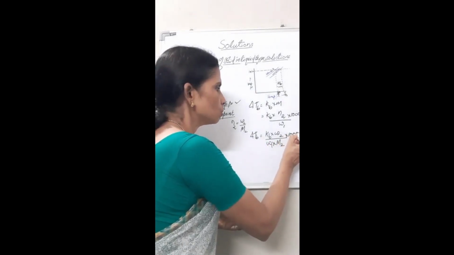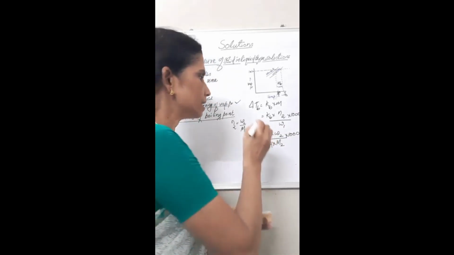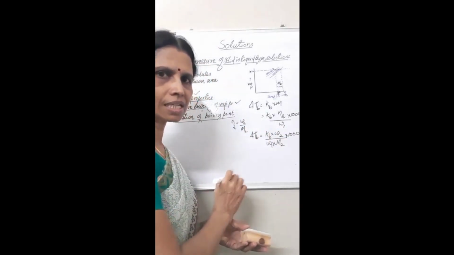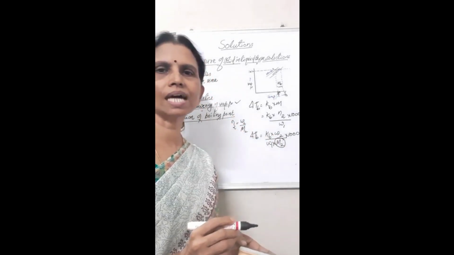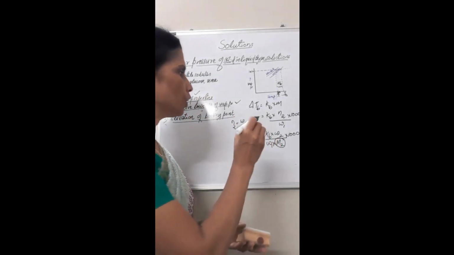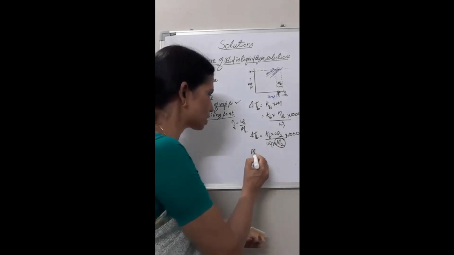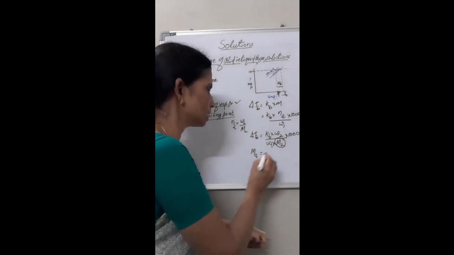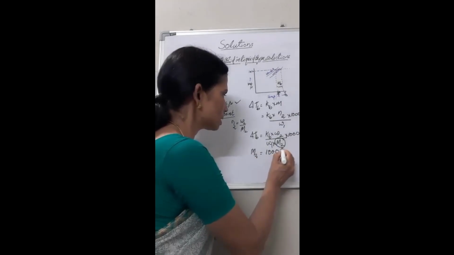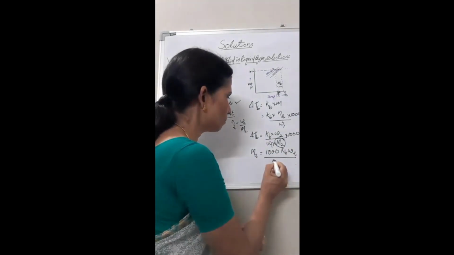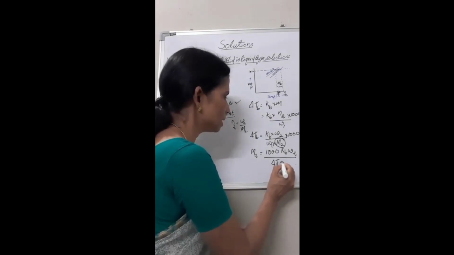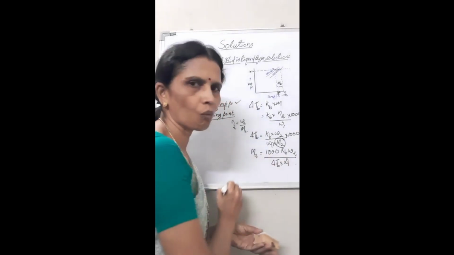And again, the significance of this equation is that using this we can find the molar mass of the non-volatile solute. From this we can derive the equation for M2. So M2 is equal to 1000 Kb W2 divided by delta TB into W1.